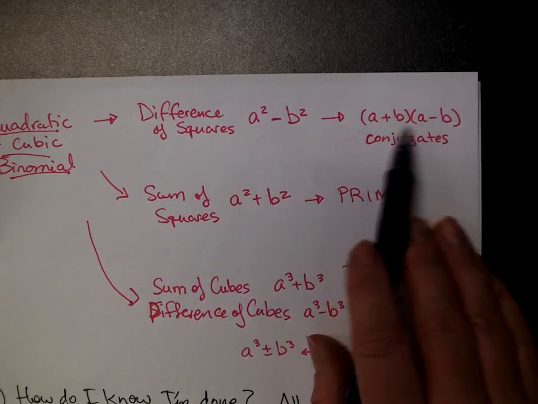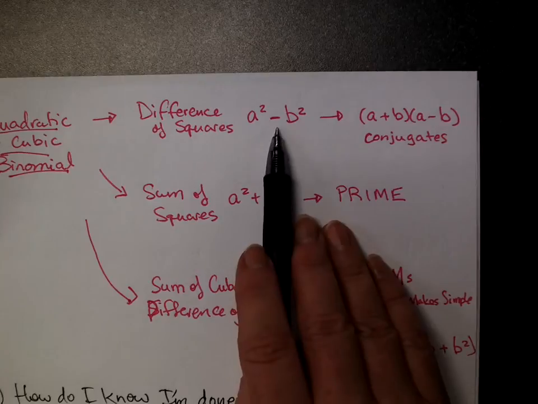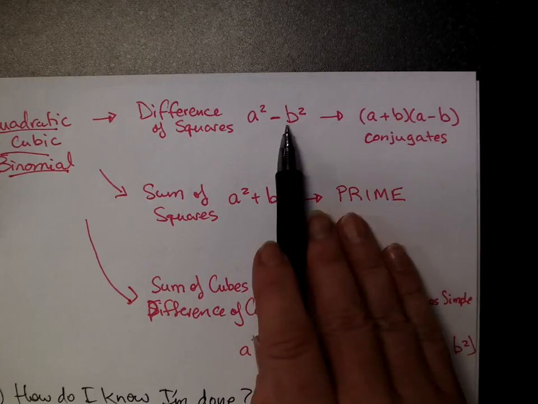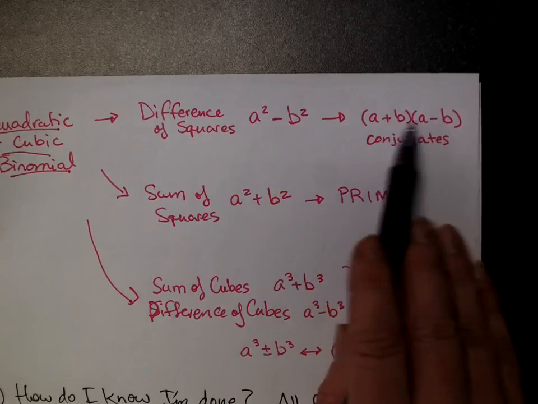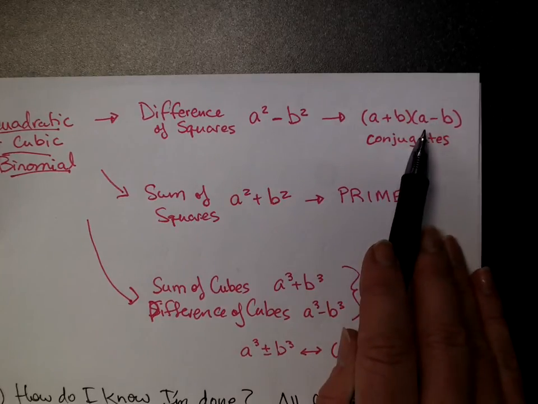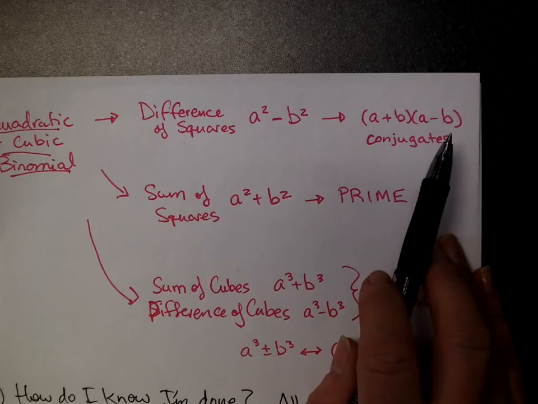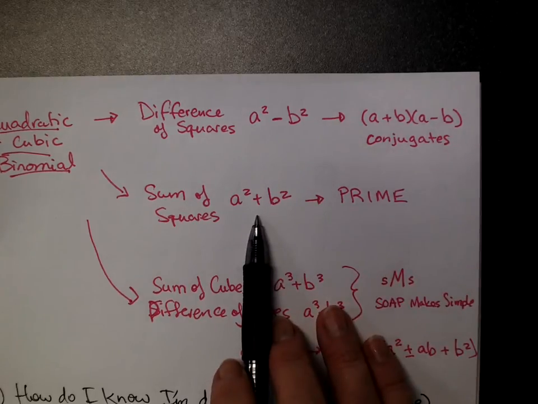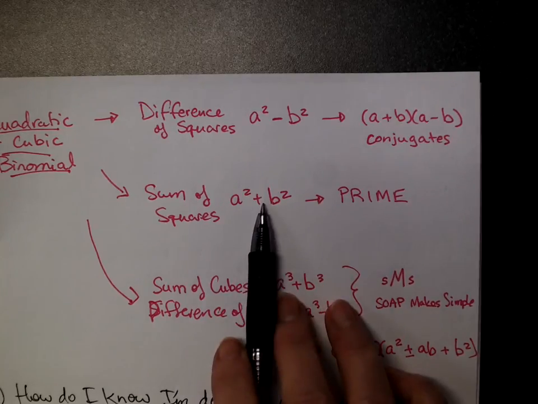Because if these are one positive, one negative, then you're going to have a minus b squared. Mixed signs give you a minus b squared. Okay, so that wouldn't be plus. And if these are both pluses or both minuses, then you have a binomial squared, and you have a perfect square trinomial with a doubled middle term. No middle term here. There's no construction of a and b that's going to give you this.